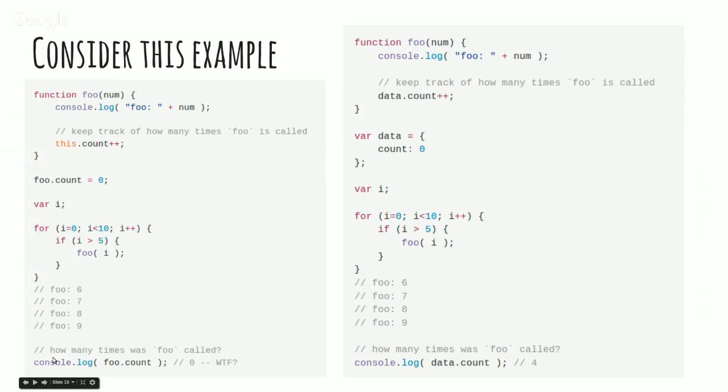But when we go and look at how many times foo was called by checking our counter, we get 0. Yeah, it was never incremented. Exactly. And if you just do count, I think it'll return 4.